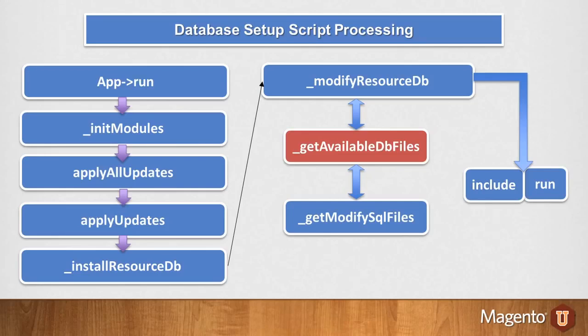The system will use this moduleConfig object and the method getAvailableDbFiles to build the path to the folder with the module's database scripts. Notice the sequence in which the system reaches the method getAvailableDbFiles, marked in red on the slide.